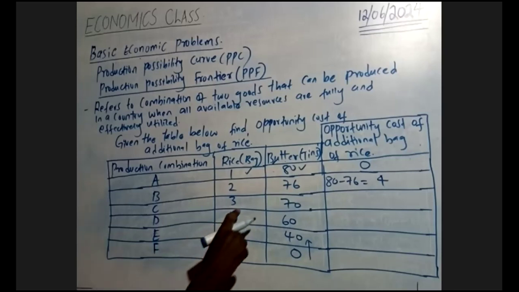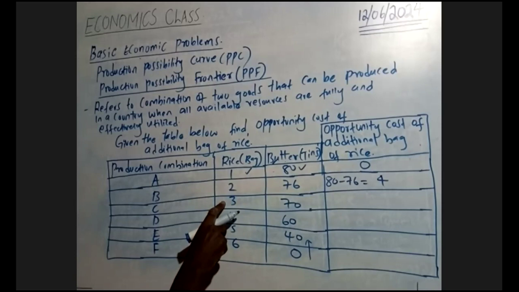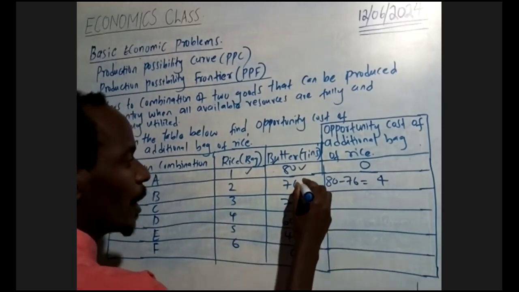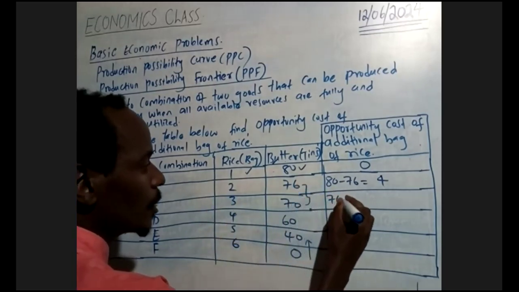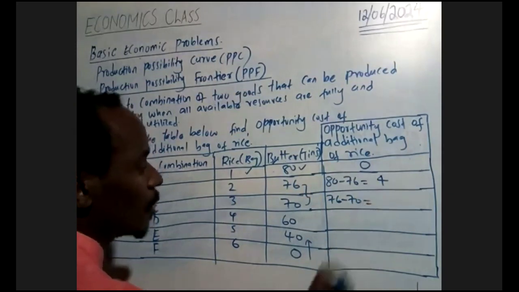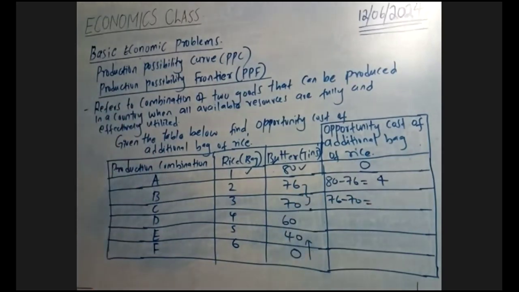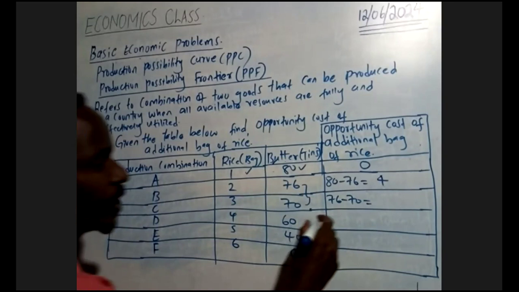When we add an extra one, so that we produce 3 bags, then we will end up losing 76 minus 70. How much do we end up losing? 6.